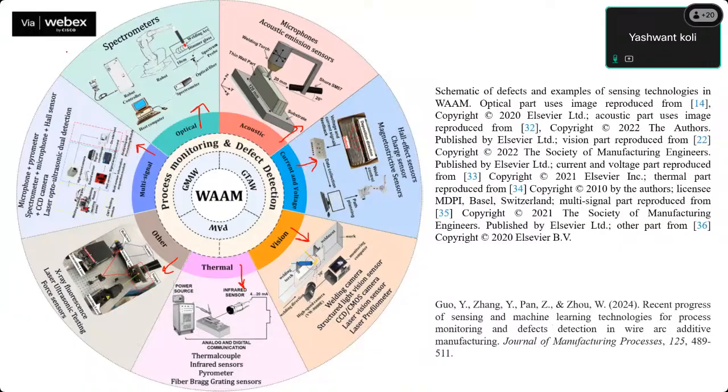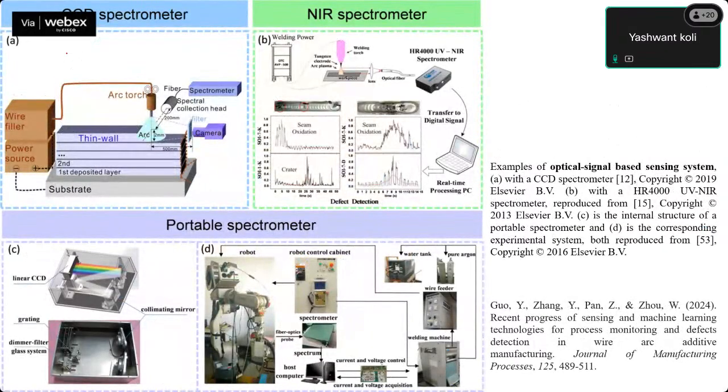Next, these are examples of optical sensor based sensing systems. You can see the CCD spectrometer used for optical signal based sensing, and the NIR spectrometer.